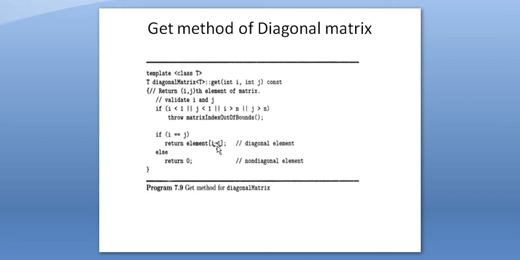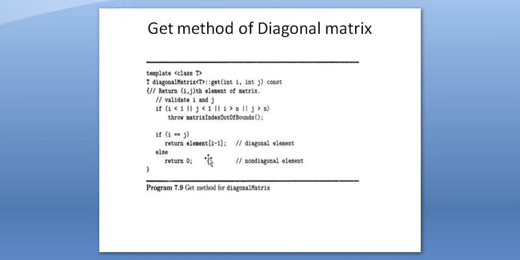Because here we are constructing a data structure, core C++ language is used, so the elements will always begin from 0 in your data structure definitions. Whereas the user can use positions like 1 comma 1, no problem, it works.